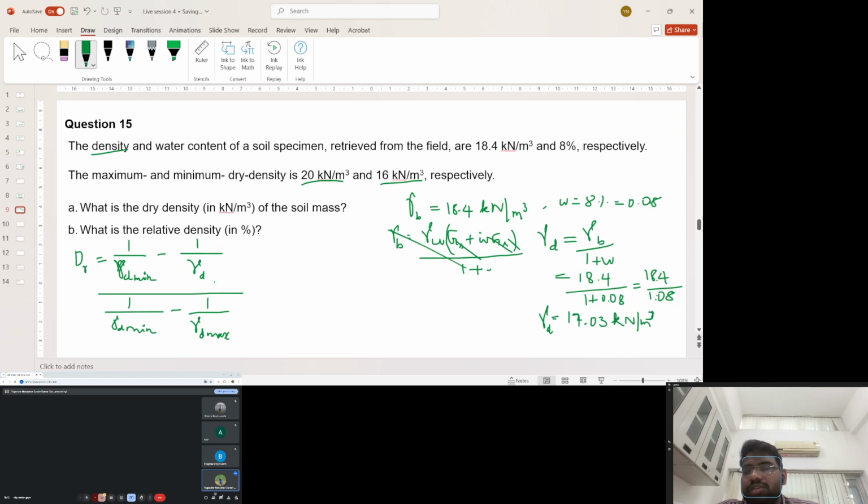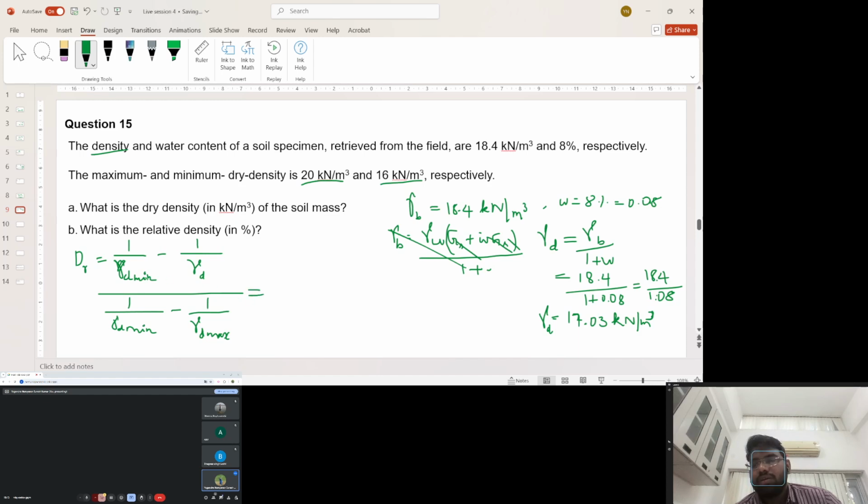Now if you relate it with this, this corresponds to e_max. When void ratio is maximum, the density tends to be minimum, and when the void ratio tends to be minimum, the dry density tends to be maximum. So that is what is getting reflected here.